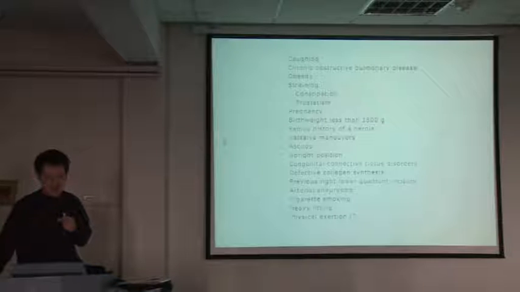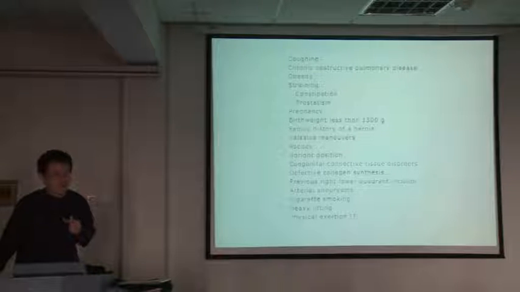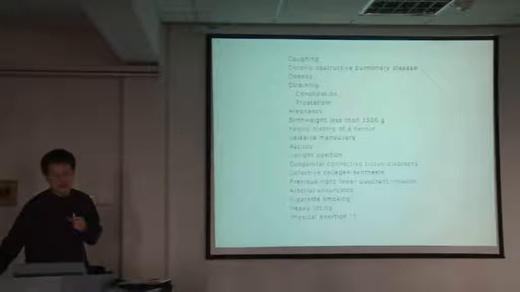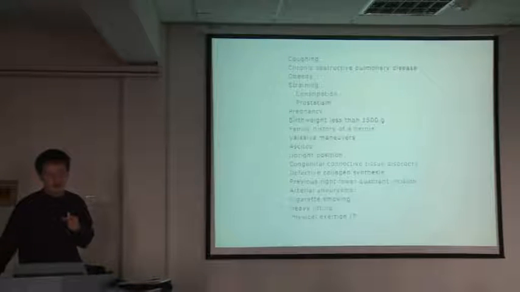You see, I show you here a lot of factors. Coughing, chronic obstructive pulmonary disease, asthma where one often cannot breathe out, will cause an increase of the abdominal pressure. Constipation, pregnancy is easy to understand because you have a child in your abdomen, so the gravity is also increased.